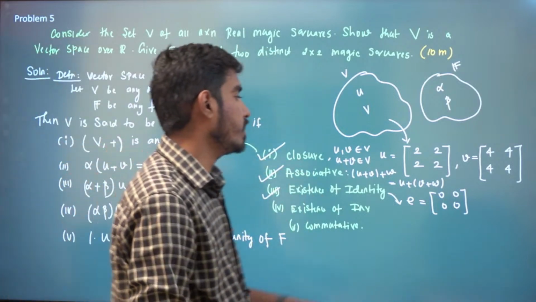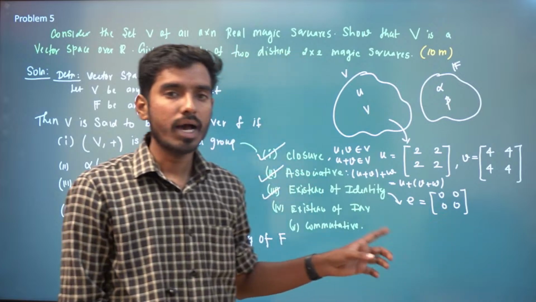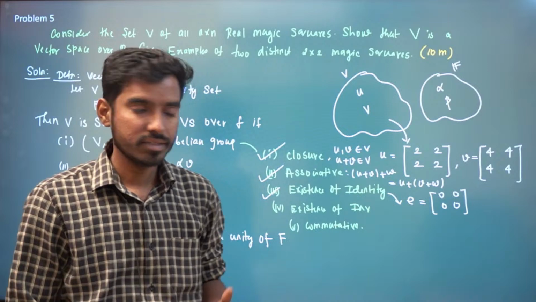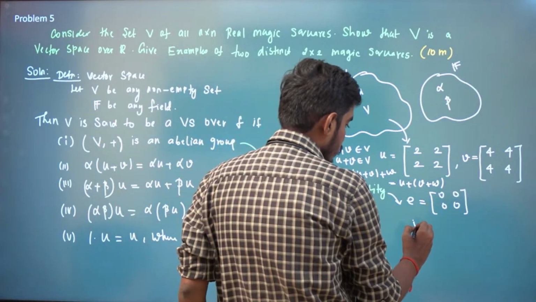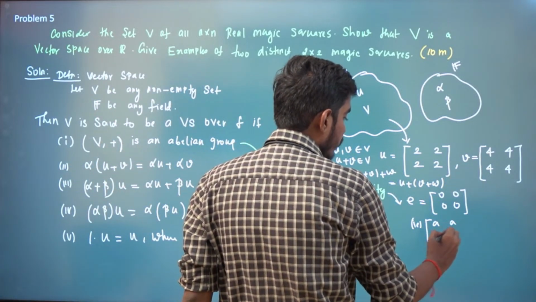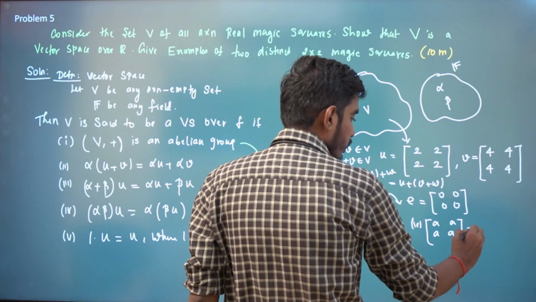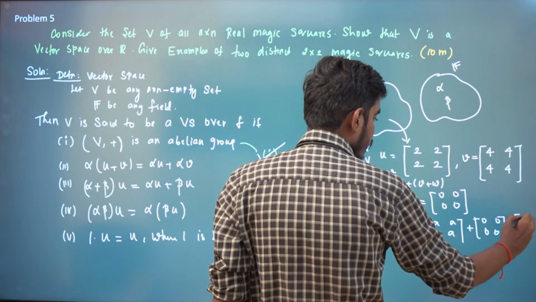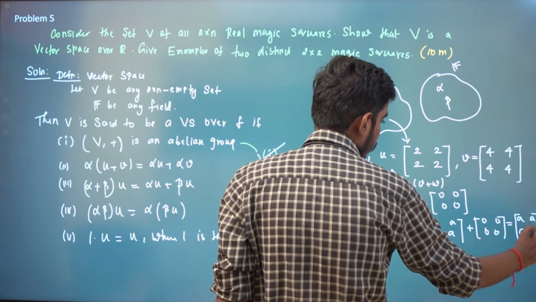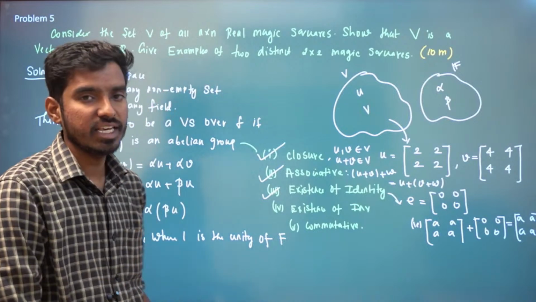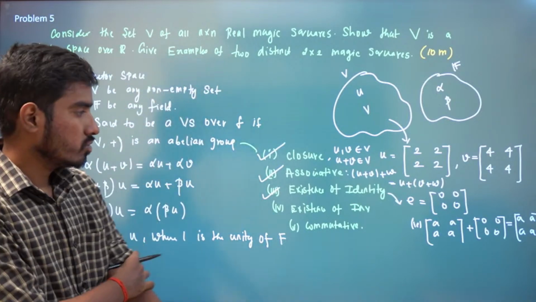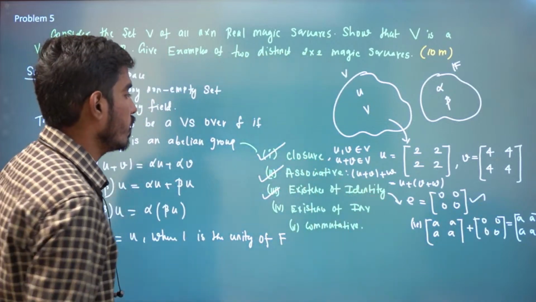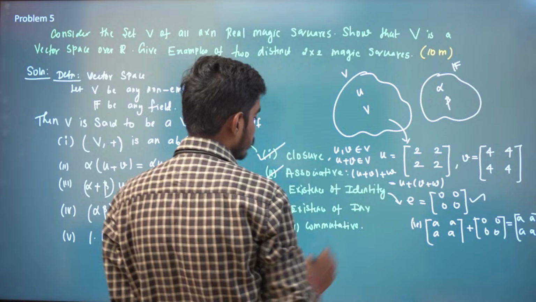This will be your identity element. If you add any magic square A with this magic square 0 0 0 0, you'll be getting A again. This is the definition of identity: A plus e is equal to A. So 0 0 0 0 is your identity element, and that belongs to V because it is a magic square.